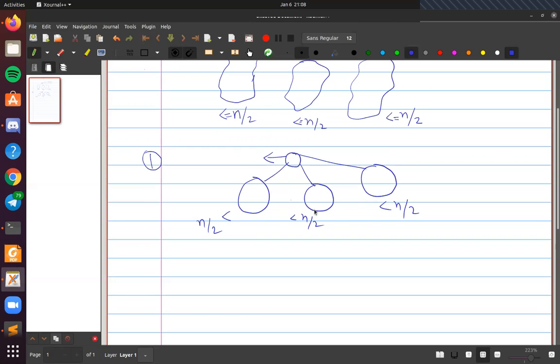Suppose there is a subtree, let's say this one, and it contains greater than n by 2 elements. Then since the total number of nodes is n, all the remaining nodes will have less than n by 2 elements.